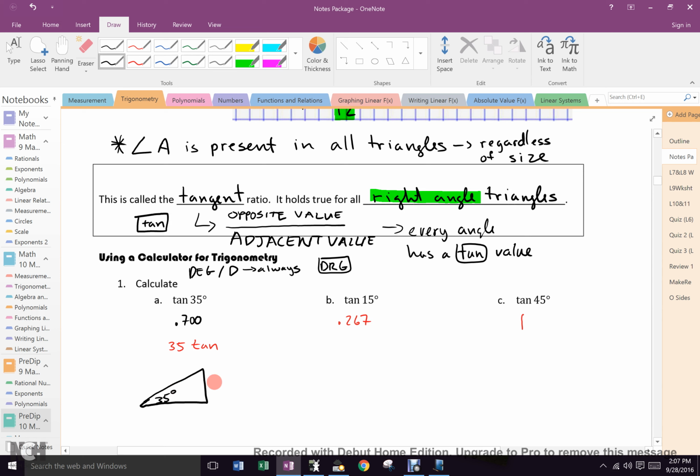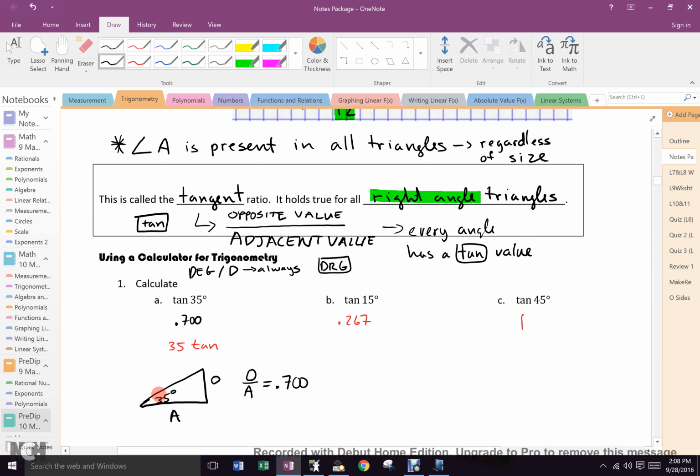This side over here is what? Opposite. This side here is adjacent. Everybody cool? What does that mean? That means O divided by A equals 0.700. Everybody got it? That's all your calculator did there.